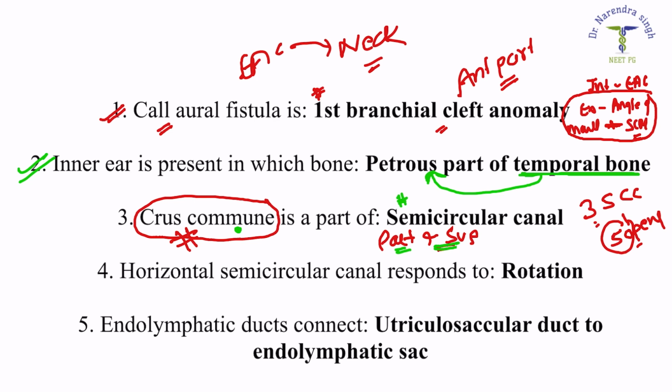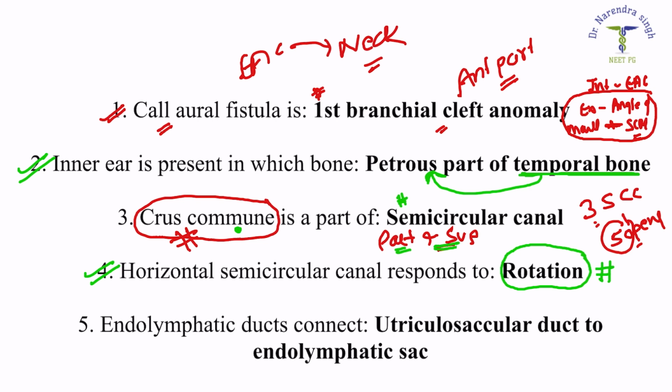Now question number 4. Question number 4 is also a direct question which says, horizontal semicircular canal responds to. We know that semicircular canals are related to rotational movement. So the horizontal semicircular canal responds to the rotational movement of the body.